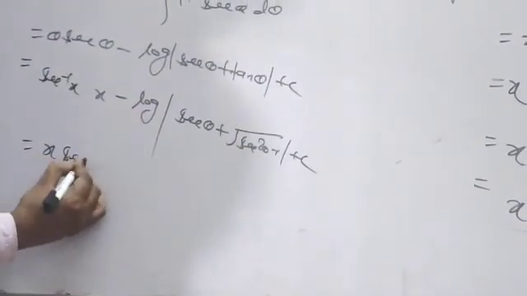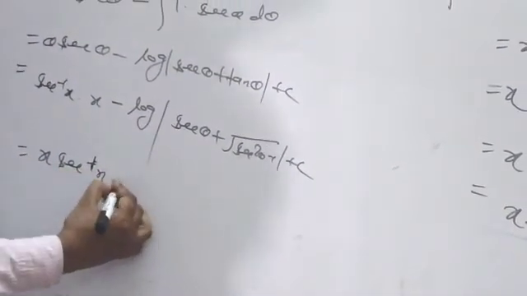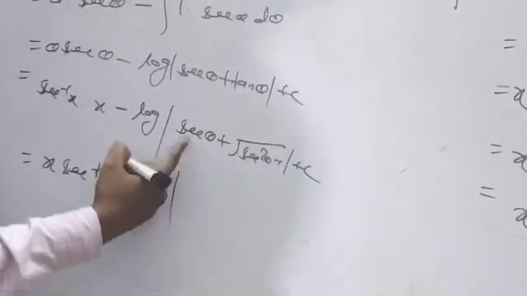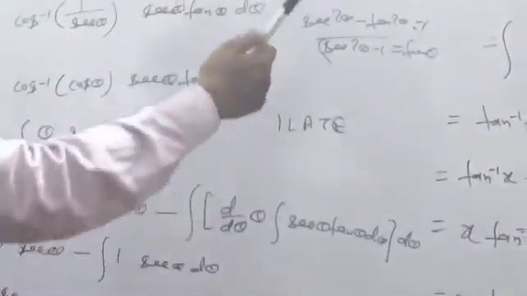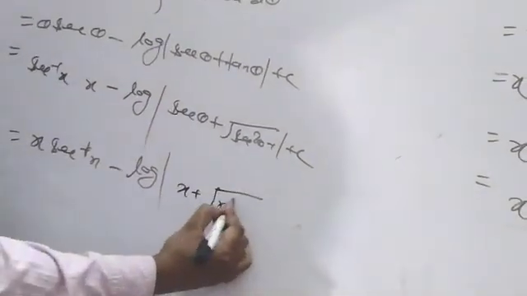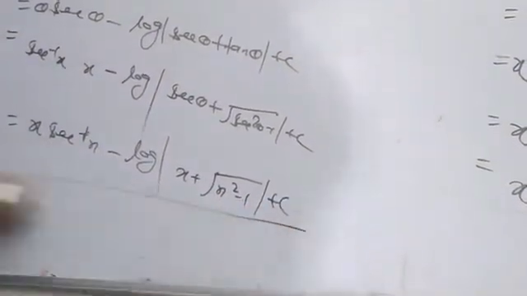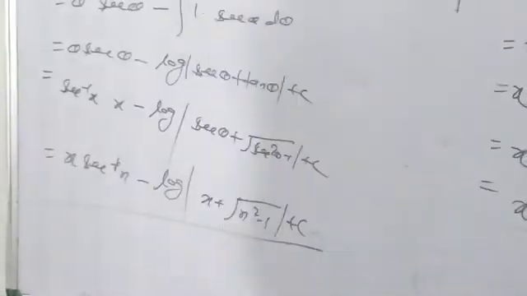At last, x sec inverse x minus log of, sec theta is equal to x, plus under root x square minus 1, plus c. Now this is the answer. Understood?